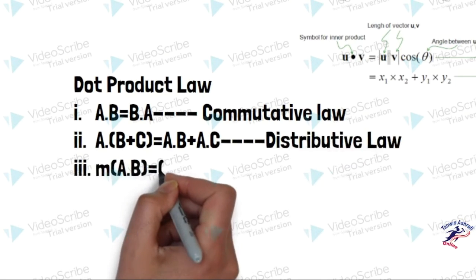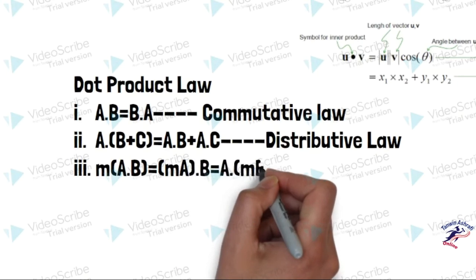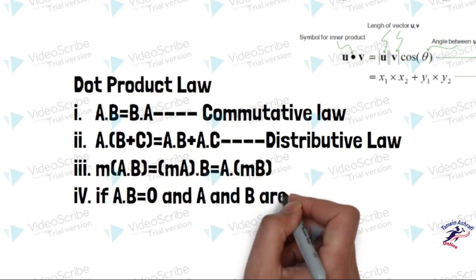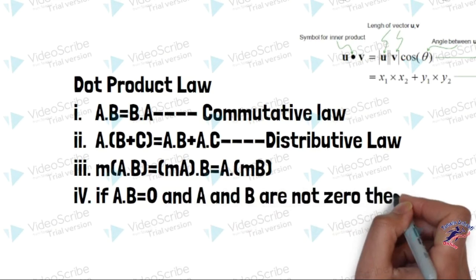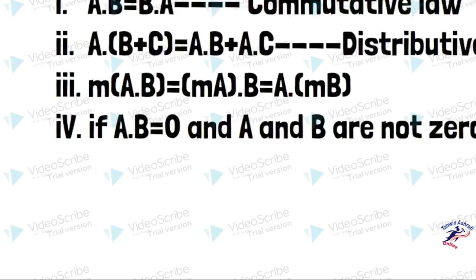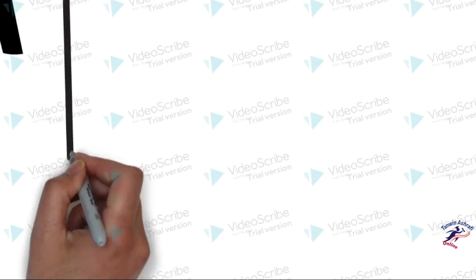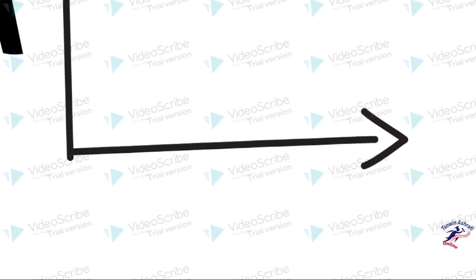Third, m multiplied by (A dot B) is equal to (mA) dot B. Now if A dot B is equal to 0, and A and B are not 0, then it means that vector A is perpendicular to vector B.